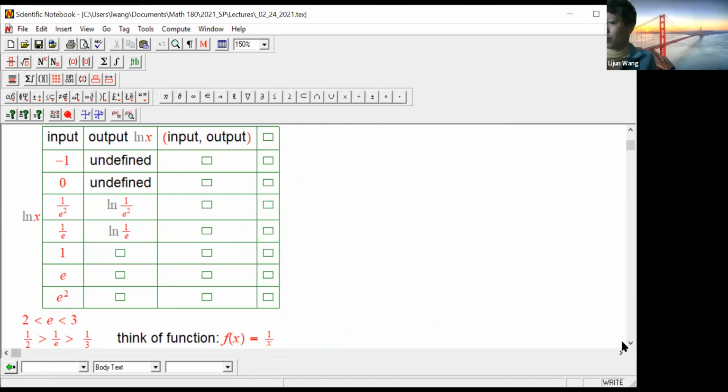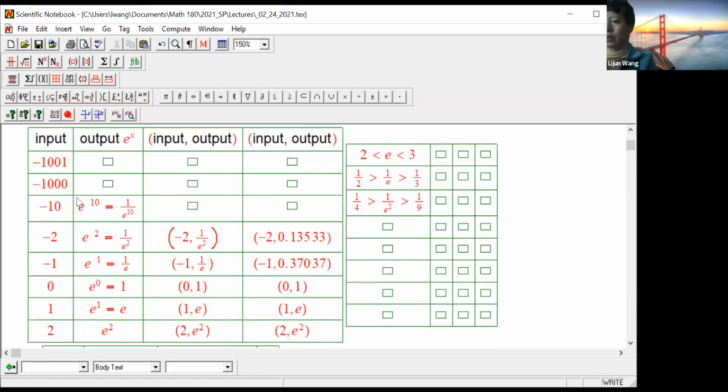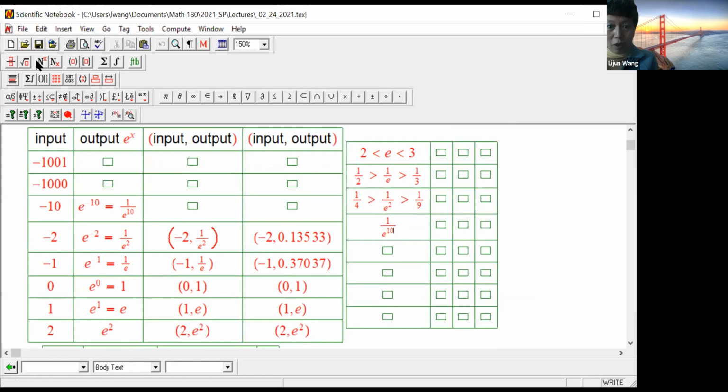We did it for 1 over e and we did it for 1 over e squared. Can you do it for e to the power negative 10? Okay, so what do you see? I really like the fact you're following me and you're getting it, right?